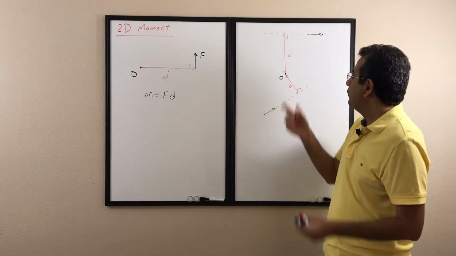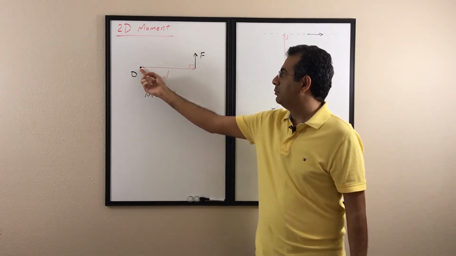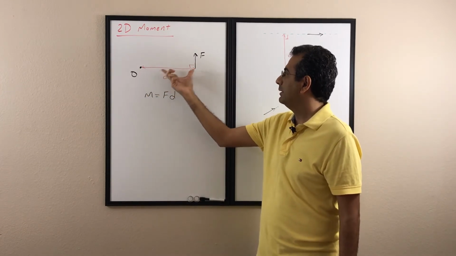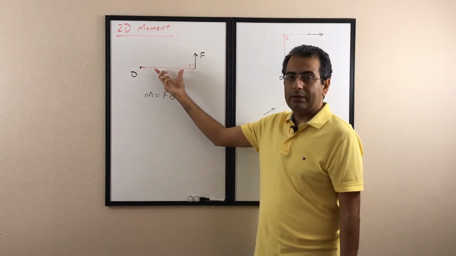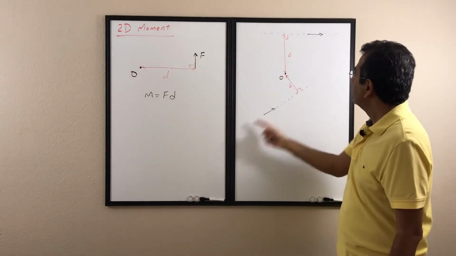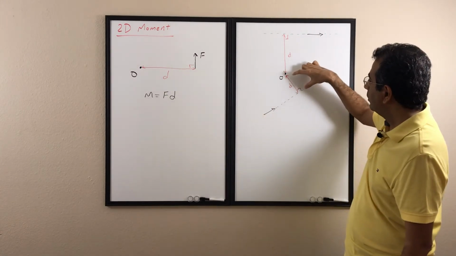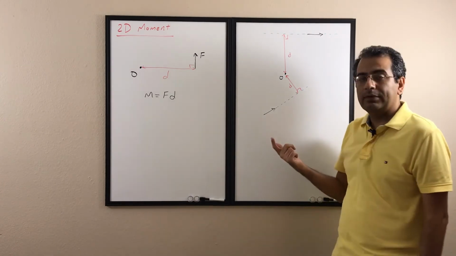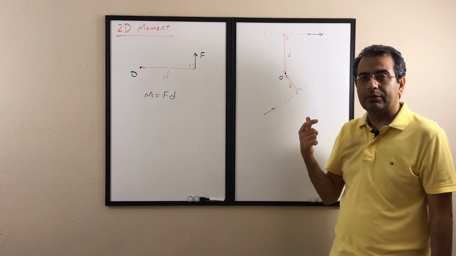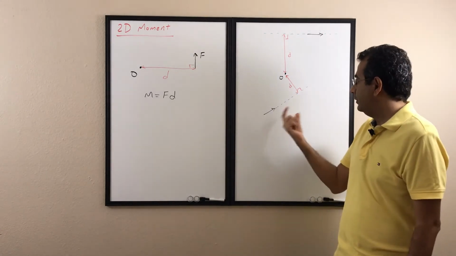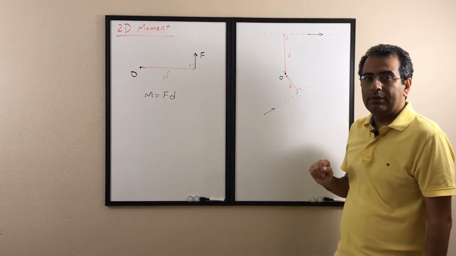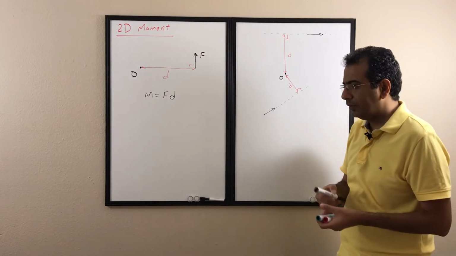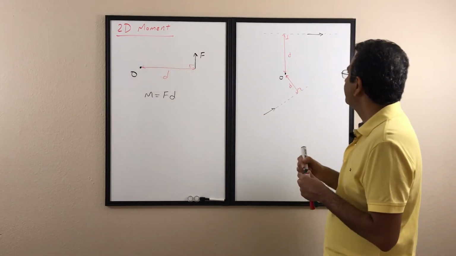So in short, if you can find a distance directly by connecting the point to the force and get that perpendicular distance to the force, do that. If you cannot, extend the line of action of the force and find the normal distance to the line of action. Remember that the distance should always be normal to the force.